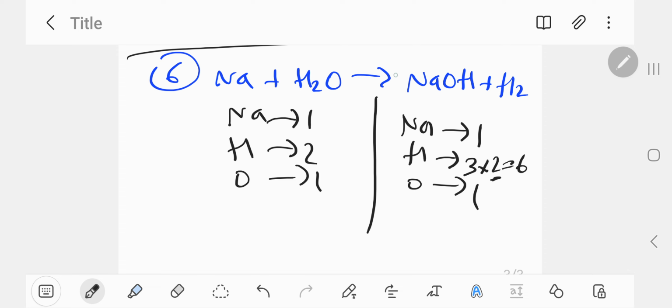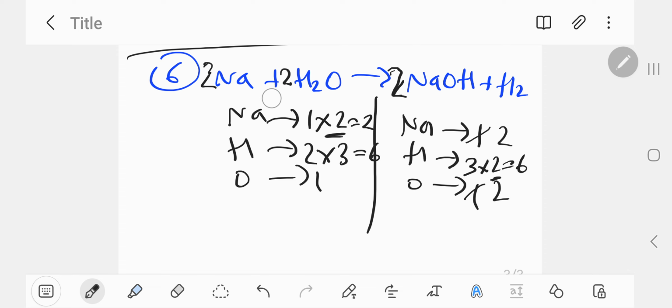So put the 2 out the front here, and I'll tell you why in a sec. Now there's 2 sodium, and now there's 2 oxygen. Let's turn this sodium on the left into a 2 by timesing by 2. Putting the 2 here. There's 6 hydrogen on the right. Let's turn the hydrogen on the left into a 6 as well by timesing by 3. And the 3 goes out here.